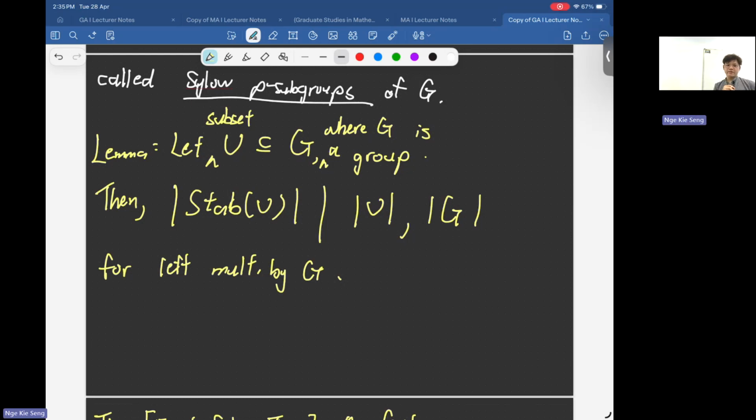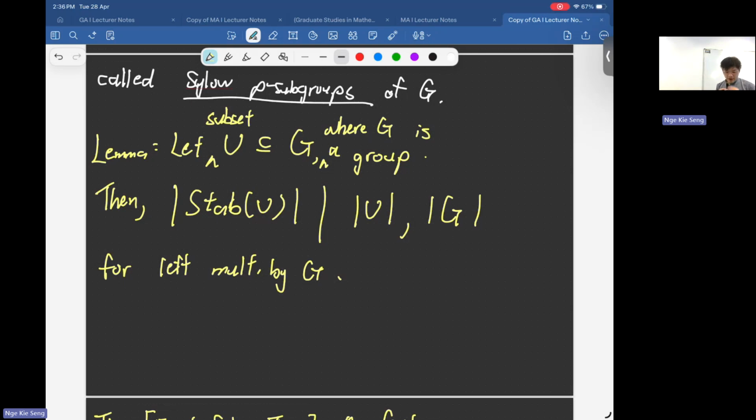Why is it relatively straightforward? To divide the order of G, it just says that this is a subgroup, right?